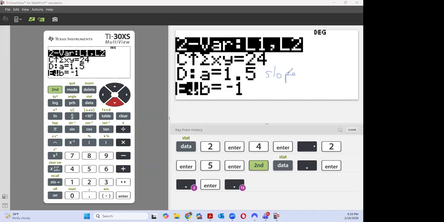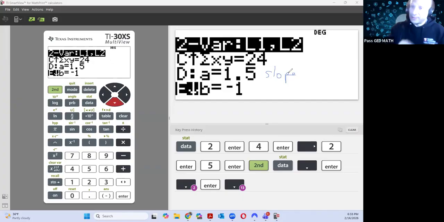But what I want you to do is do it by hand first. Be able to solve it algebraically first. That means you're going to have a conceptual understanding of what you're doing. Once you can do that, then you use the calculator all you want.